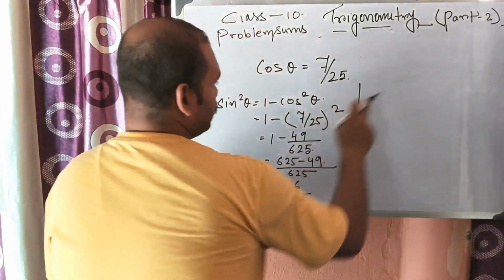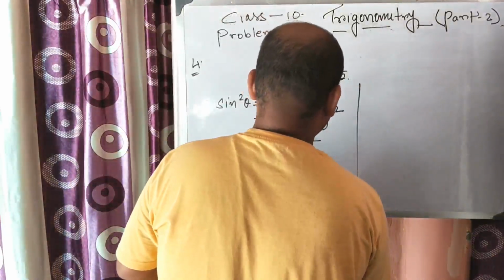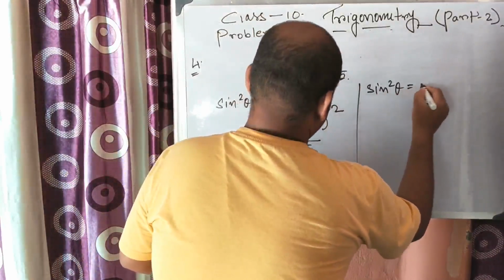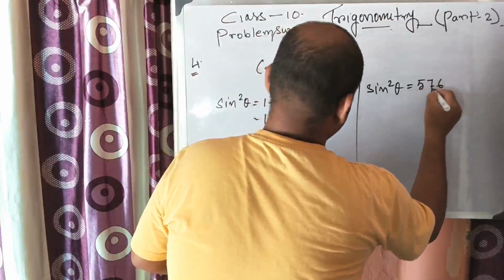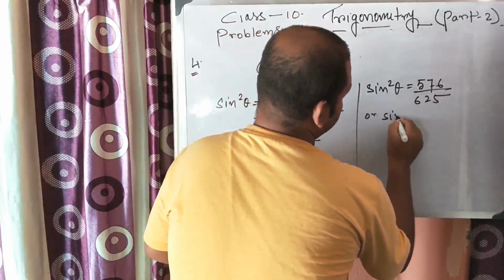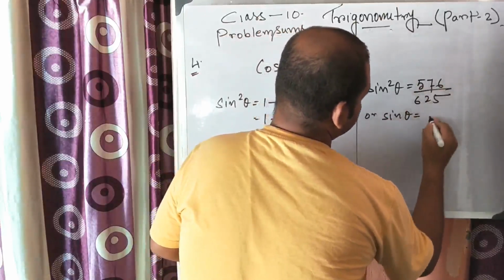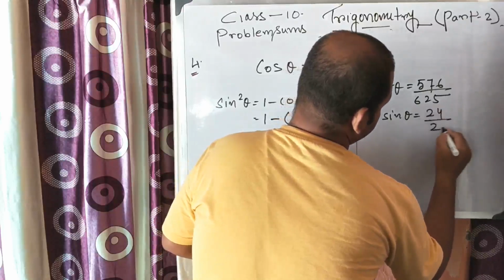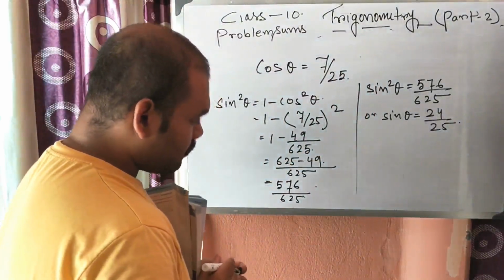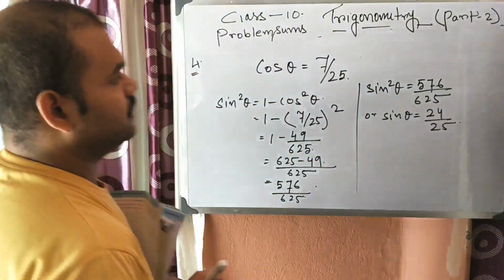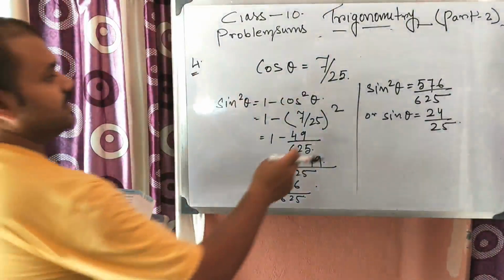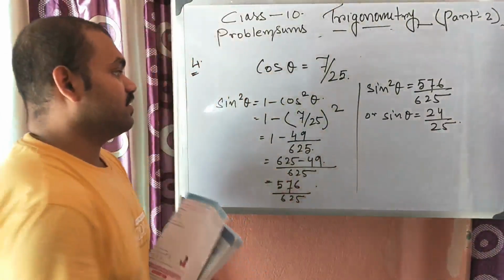Yes, so you will write this sin square theta is equals to 576 by 625, or you can write sin theta is equals to 24 by 25. Okay, done. Yes, so next you need to find out tan theta also.